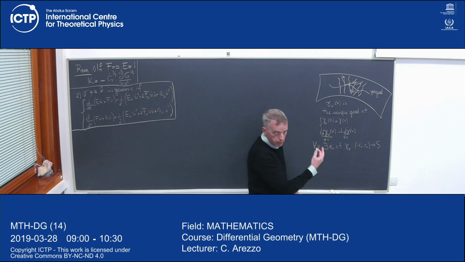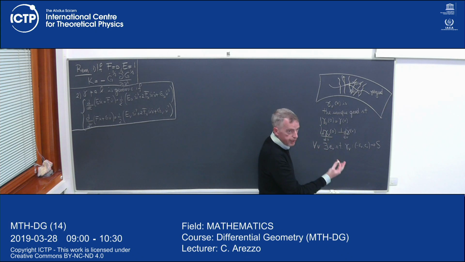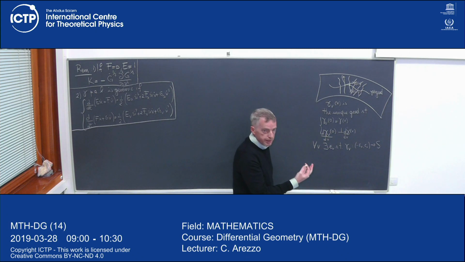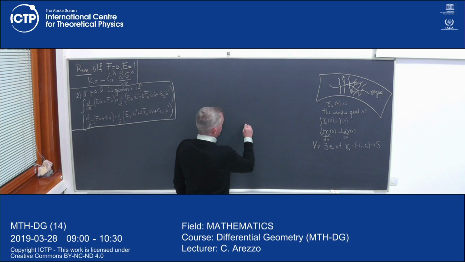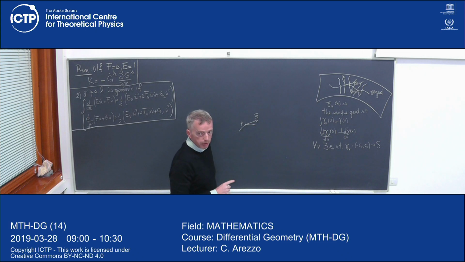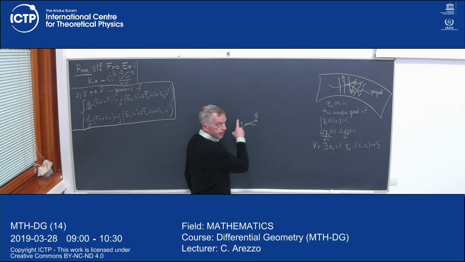This is actually something one should check. In the proof of the existence and uniqueness theorem for geodesics, everything is continuous in the dependence on the initial data. When we say that if you pick a point and a tangent direction, there exists a unique geodesic defined over minus epsilon to epsilon passing through this point, then I have two parameters: the point and the tangent direction.